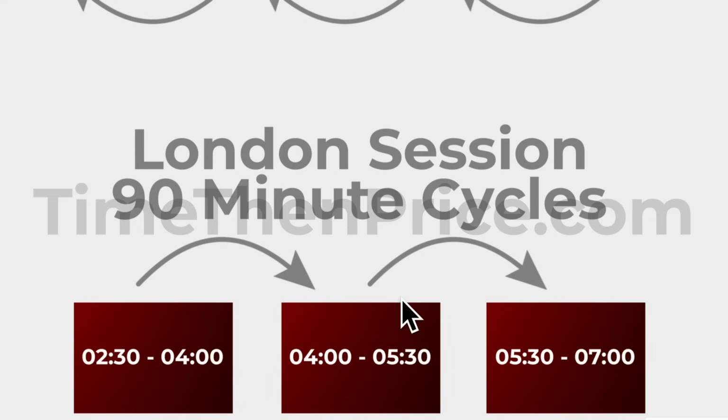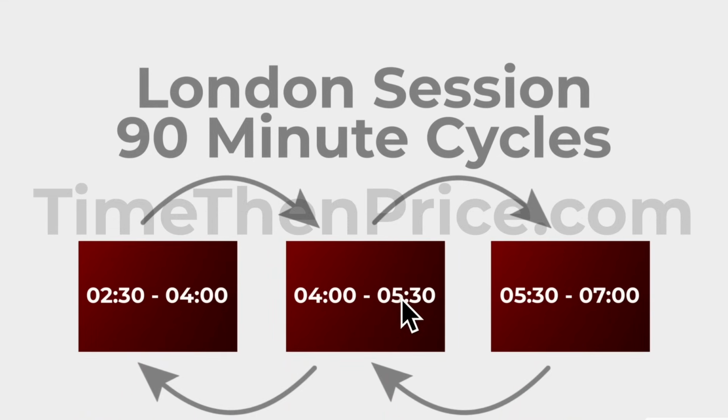And you might be wondering, why do we look at the London session and why don't we look at the Asia session? Well, in my opinion, the Asia session is not a session that you should look to trade. It's possible, don't get me wrong, and you can be applying the same concepts as I'm teaching to them. However, if you have the flexibility to choose your own sessions, why would you trade a session which is less favorable than the main sessions?